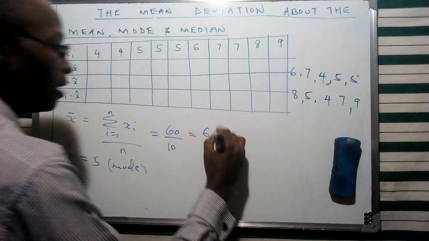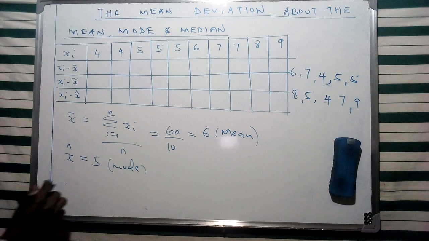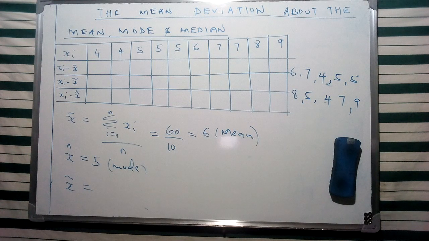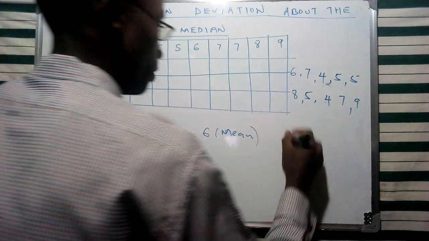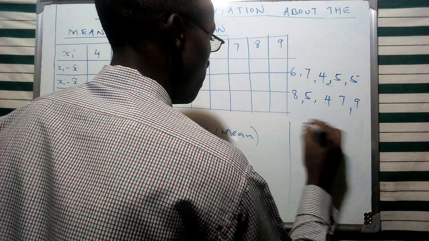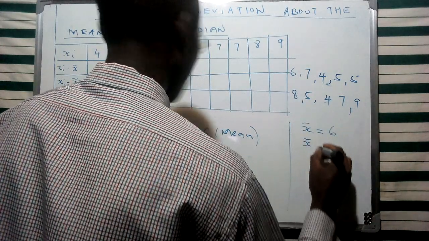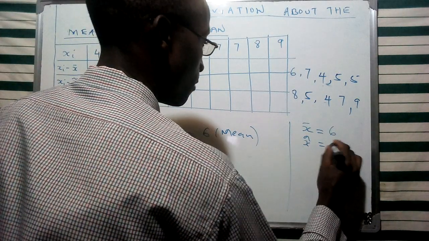So this is our mean, and then we shall have our median given as the central or middle value. In this case, I'm going to take keen interest in this aspect of the median. Now I'm going to list these values here. I've said my mean is 6, and then I'm going to have my mode given as 5.